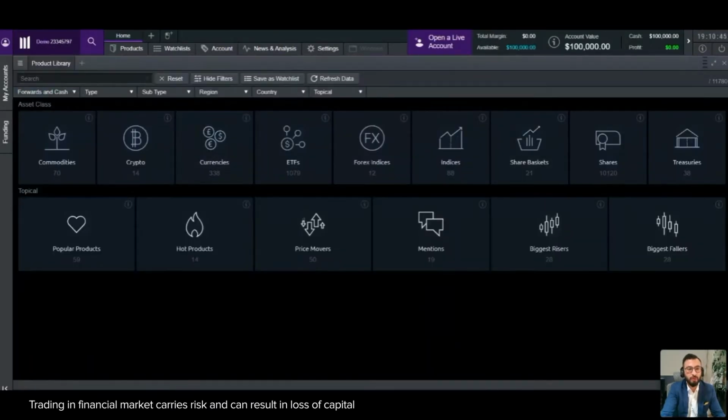Once you add your products library, you'll be able to see multiple products: commodities, cryptos, currencies, ETFs, indices, share baskets, shares, treasuries. All these kinds of products are available to you for investment, for day-to-day trading. Today, we are going to discuss how these products move on an average, like what is their average price movement, how you can identify it, and also what are the events which impact those prices.